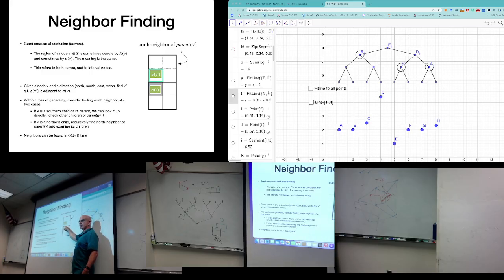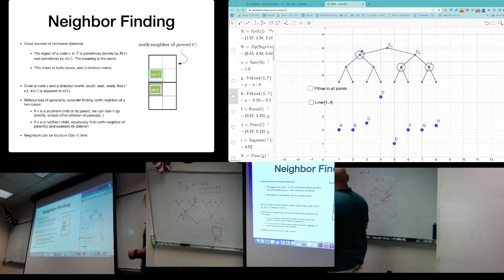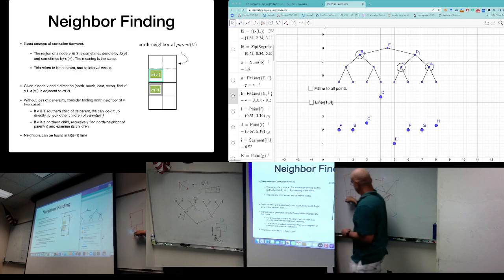Could it be that there is no such guy? It could be, obviously, if it's an internal node. So if this is our V, it doesn't have a neighbor of the same size. Well, neighbors which are larger, apart.